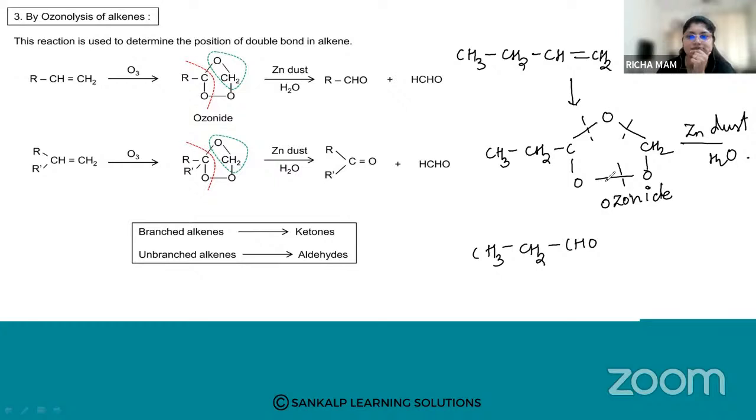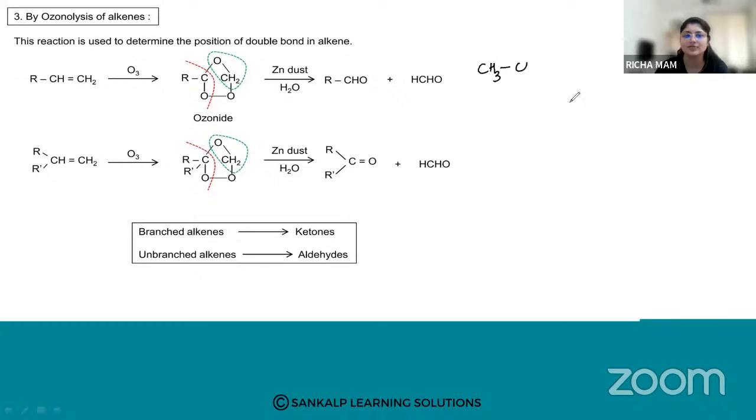So CH3CH2CHO, and another, HCHO. So this is your compound. Got it? Is it clear? Okay, now you have to tell me for this.